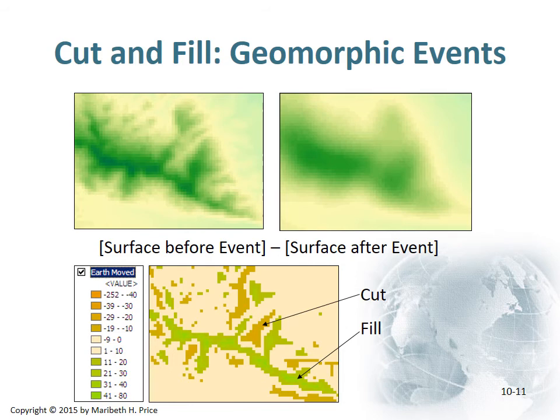Now, obviously, there were no computers back in those days, no way that we could measure anything that happened, but we can do an analysis of what the terrain is now and get an idea of how much material was removed. When something like the Oso landslide that happened in Washington a couple of years ago occurs, we can use high resolution LiDAR information to model differences between before and after that event.